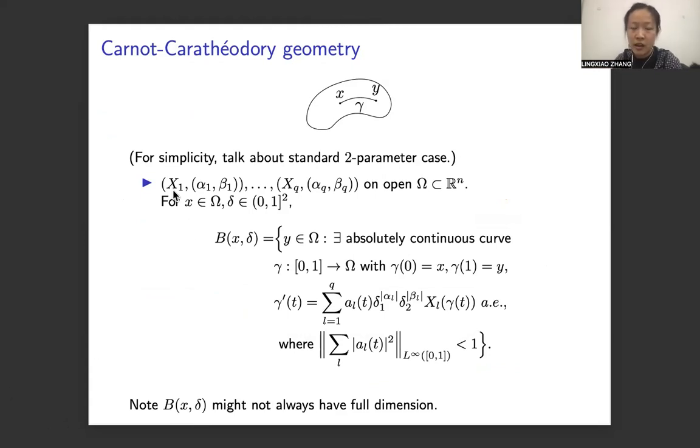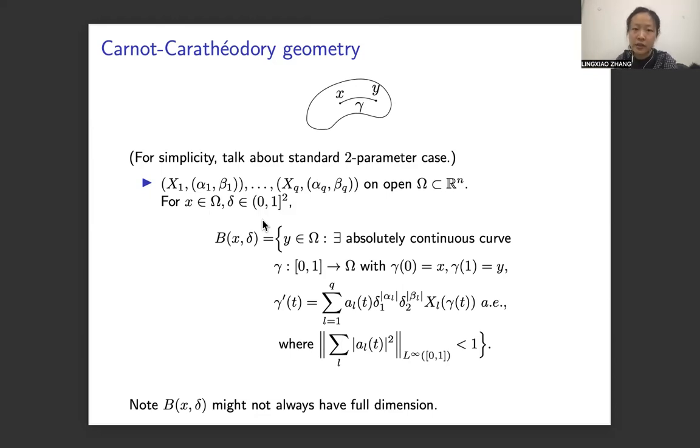So given finitely many vector fields, x1 through xq, define an open set omega. And each vector field is associated with a 2-parameter multi-index, alpha1 beta1 through alpha q beta q. And let the center of the ball be in the domain omega, and let the radius delta be 2-dimensional.